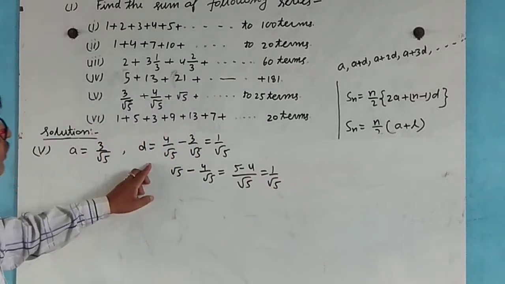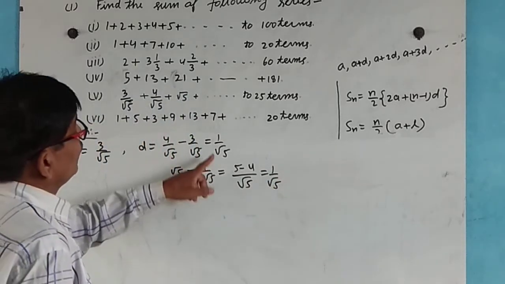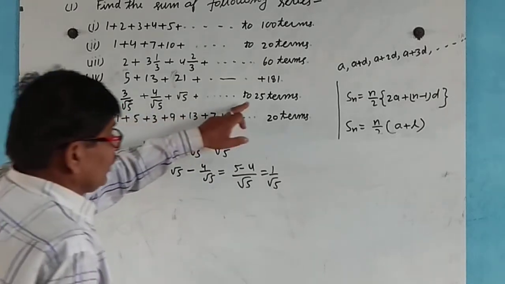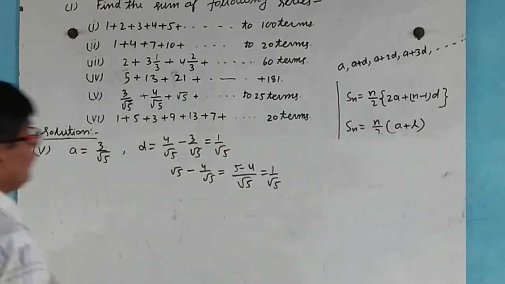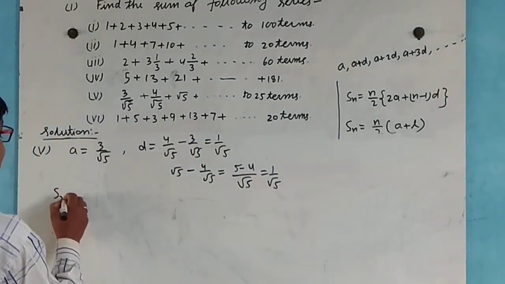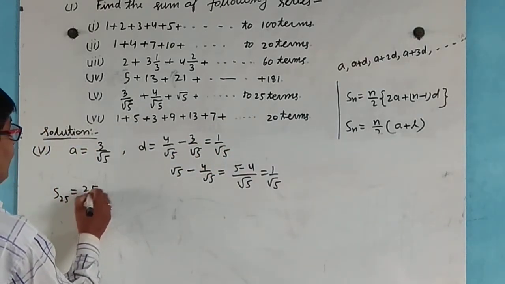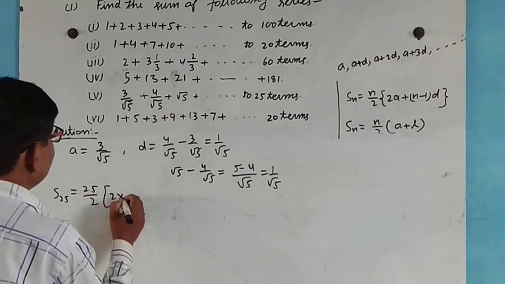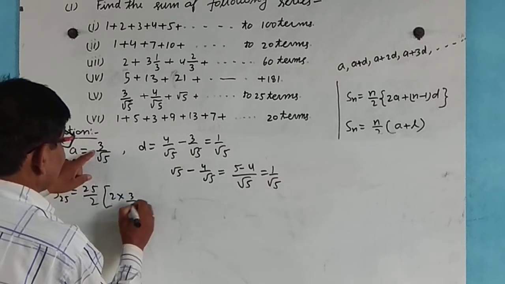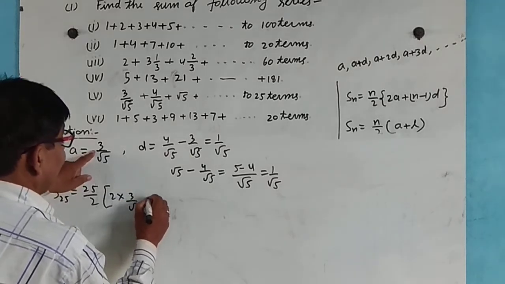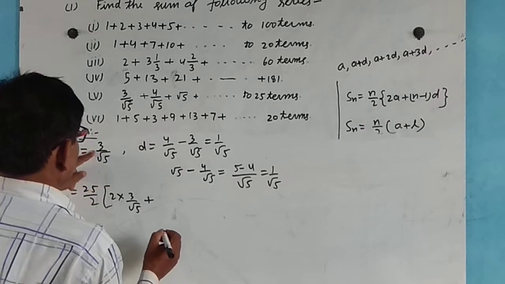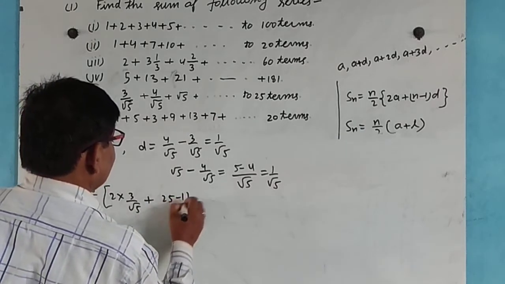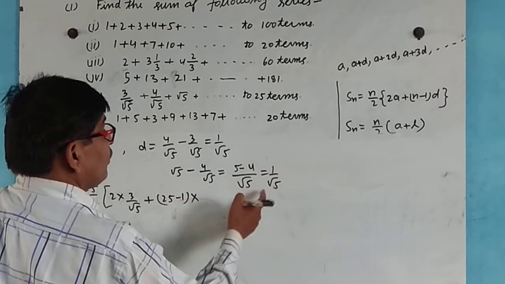So here we have calculated d and a, and we have to calculate the sum of 25 terms. S25 is equal to 25 by 2 in brackets 2 into a, equal to 3 by root 5, plus n minus 1, here 25 minus 1, into d equal to 1 by root 5.